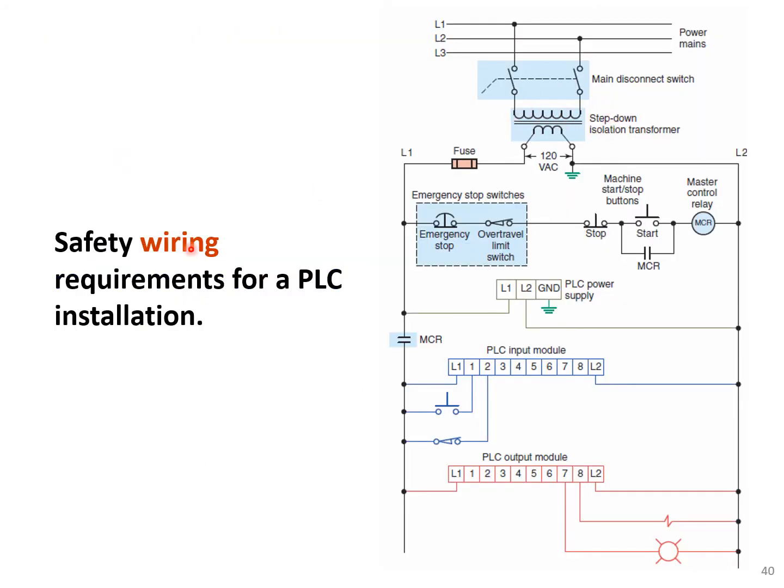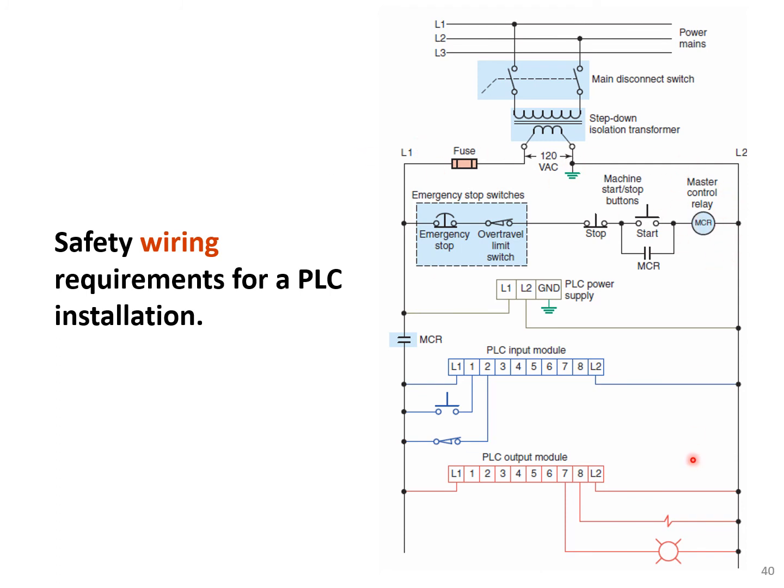So here you see that we have the safety wiring requirement. It's a hardwired one. For example, if the fuse here trips, we shut down the whole system. This is a master control relay, MCR.